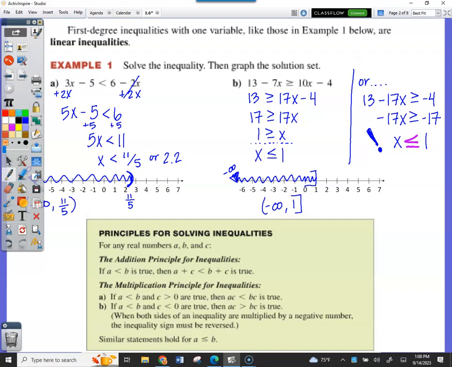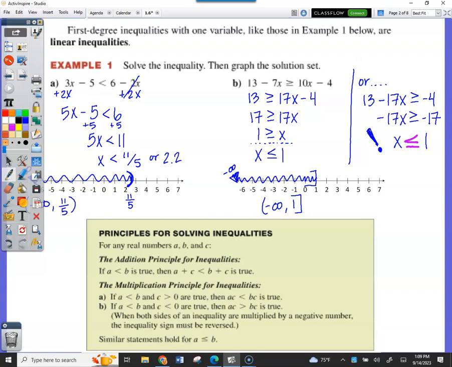Pick a number from where you shaded and plug it into the original and make sure it's true. If it's true, then you shaded the correct spot. If it's false, either you plugged it in wrong, or you read it wrong, or you did the math wrong.